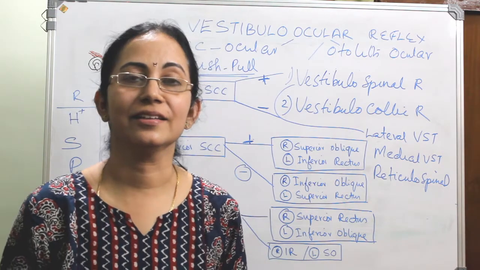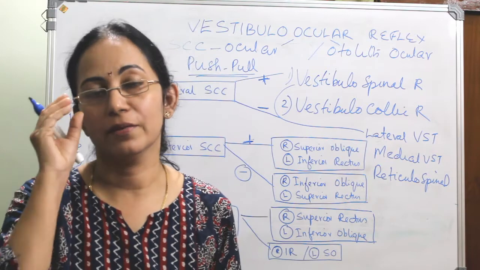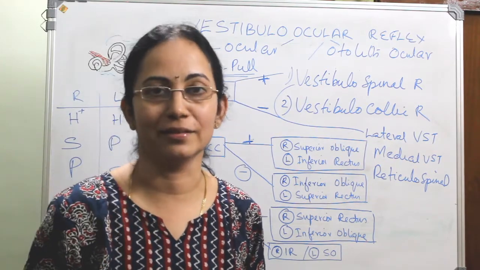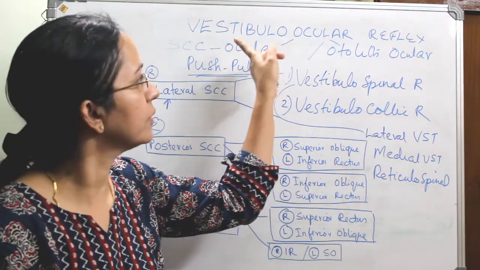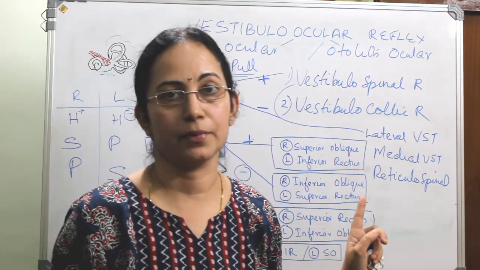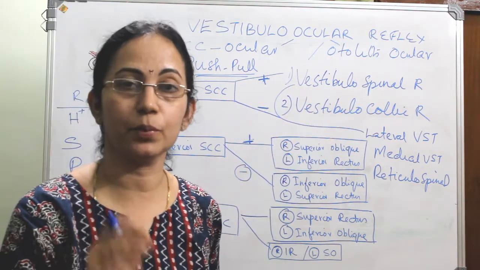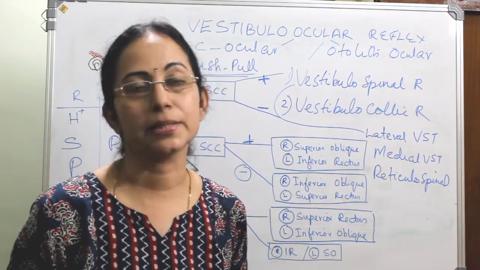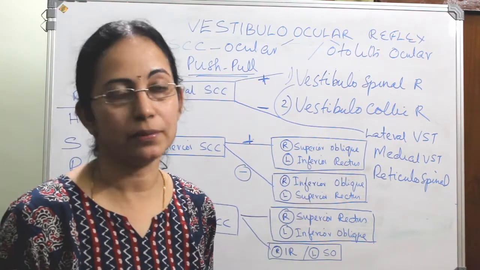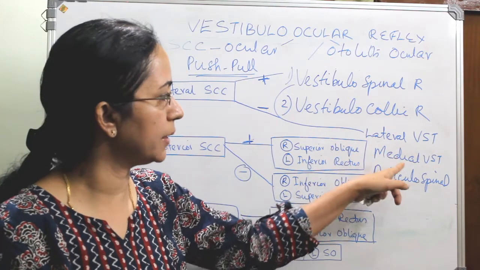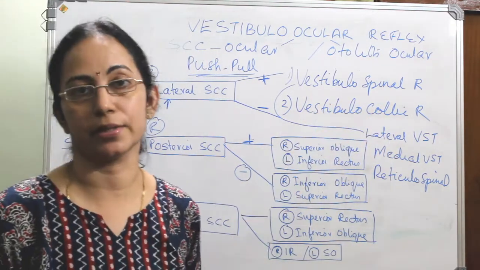And luckily there is not much information about the vestibulospinal as well as the vestibulocollic reflexes in man, right? So mainly you have to study about the vestibulo-ocular reflex. Vestibulospinal reflex is for the posture of the muscle, activity of the spinal anterior horn cells by means of lateral, medial and reticulospinal tract. And this vestibulocollic reflex, what is that?